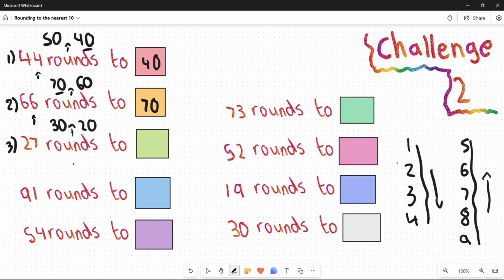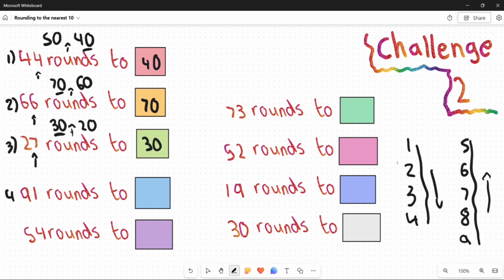So let's continue. As I was saying, 27 is in the middle of 30 and 20. If we look at the number in the ones place, which is 7, it tells us we have to round up. And the nearest number to round up to is 30. So 27 rounds to 30.